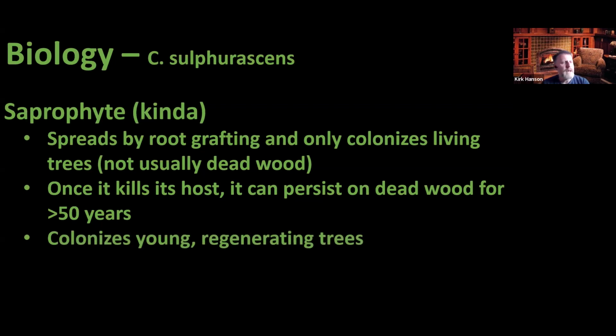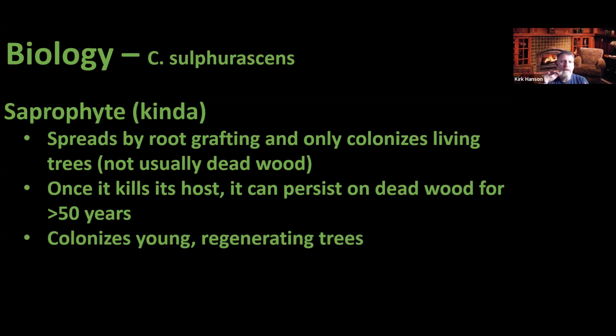The other thing is that this fungus can colonize young and regenerating trees. So, in an older forest or a root rot pocket within an older forest, as the canopy begins to open up, the dominant trees die off, and there's a flush of new regeneration of younger trees, specifically Douglas fir, the primary host for this fungus.